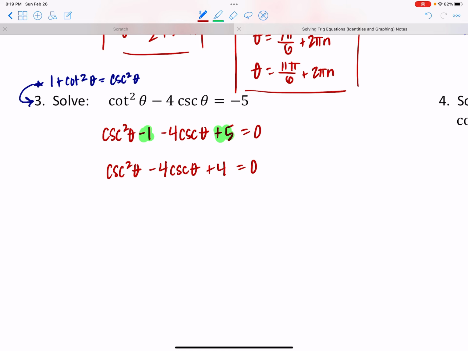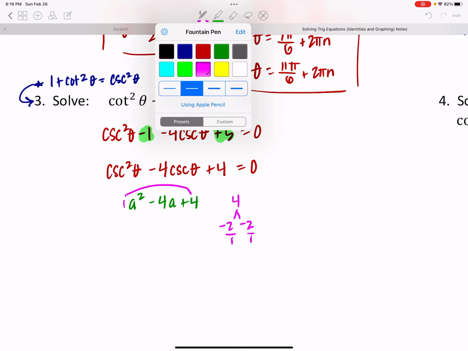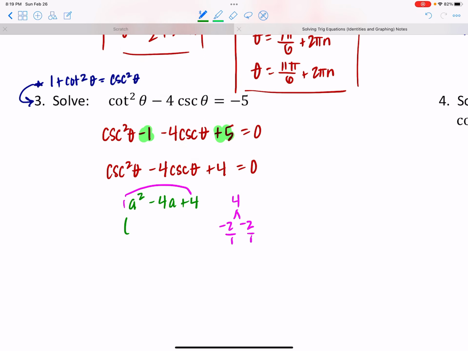And if you can factor without rewriting this, awesome. If not, you're looking at something like a squared minus 4a plus 4, and looking for factors of +4 that make -4, like -2 and -2. So this quadratic would factor into an a minus 2 twice, a minus 2, a minus 2.